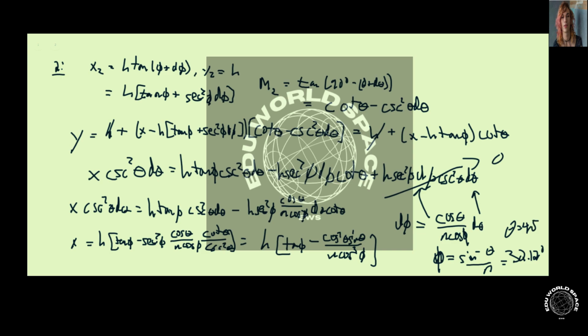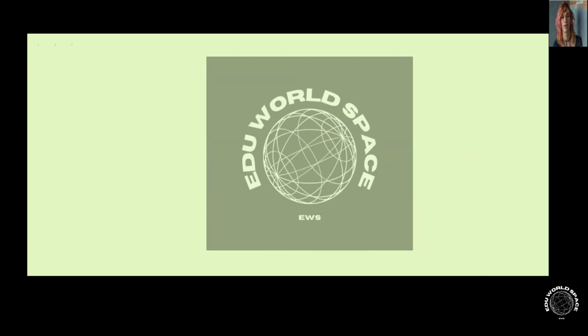So let's go into a new page here. If theta equals 45, h equals 0.75, phi equals 32.12, plug that all into the equation for x, and we see this is 0.1427 meters.